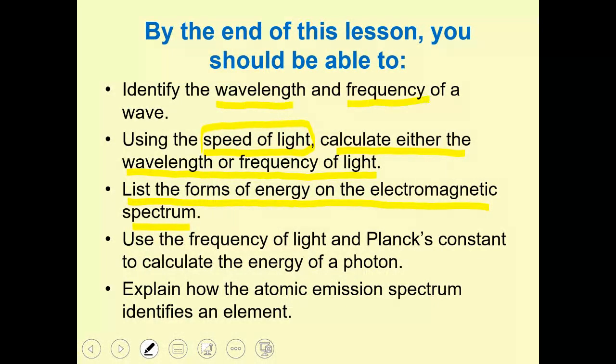What's wavelength, what's frequency, how to calculate them, and then how to identify what are the forms of energy on the spectrum. These other things with the frequency and Planck's constant and calculating energy in the atomic emission spectrum, those will be covered on part two, which will be another video and some different practice in the near future.